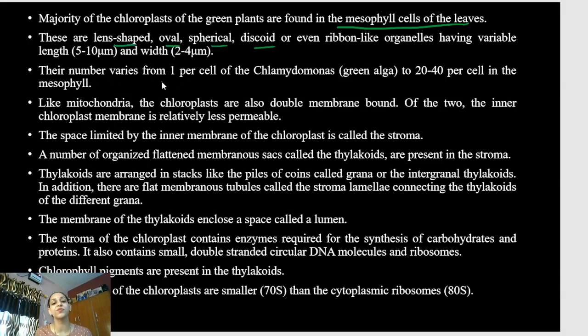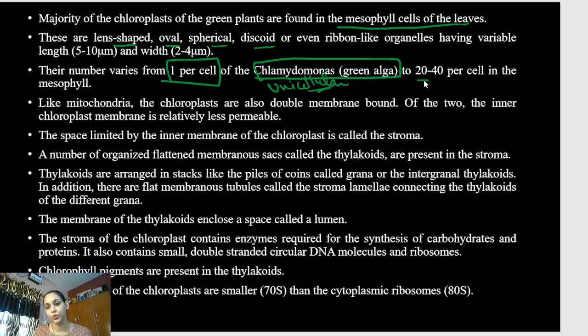Their number varies from 1 per cell of Chlamydomonas. This is a green algae. Unicellular. एक ही सेल है, उसमें एक ही क्लोरोप्लास्ट प्रेजेंट है, 20 to 40 per cell in the mesophyll.